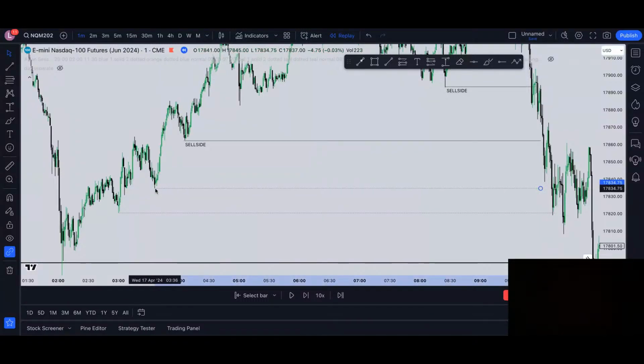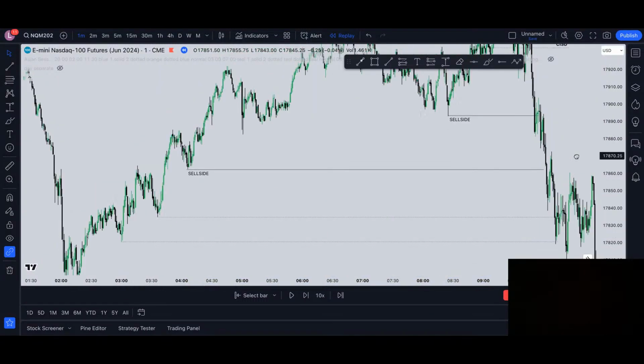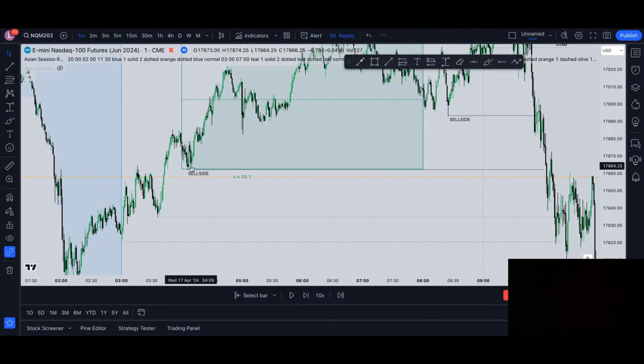Sell side. So if you just want to look at a major one, we'll take this, the London lows, and we can ignore this one.